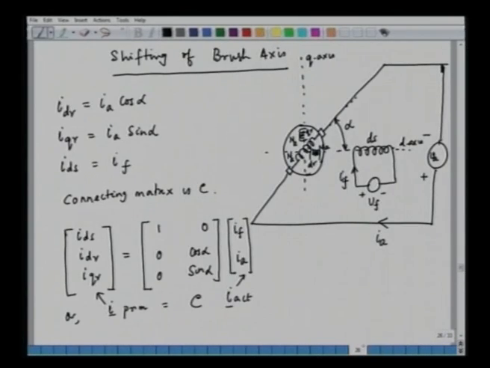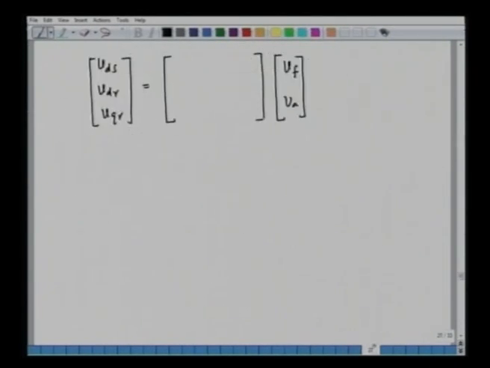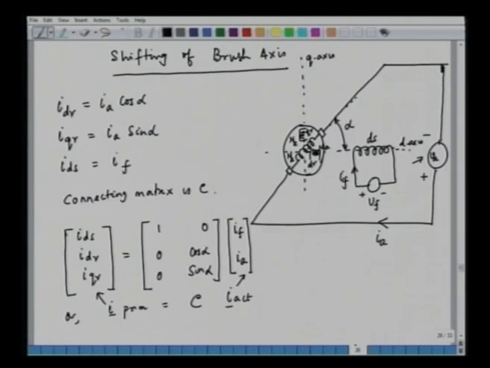Now, what is VF? VF is the field voltage here, and VA is the armature voltage applied here. VDS equals VF. We can see here that VDS and VF are the same. This is VDS, and this terminal is the positive terminal closer to the center as per the convention.